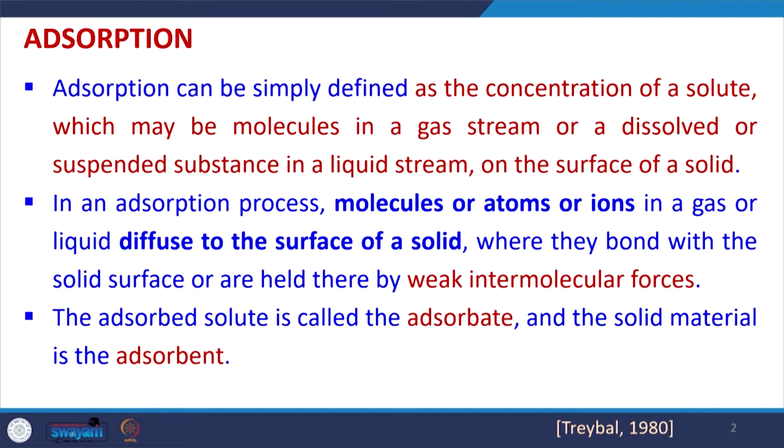Also it depends whether we have a gaseous stream or a liquid stream, how much separation has to be done, whether the solution is highly concentrated or highly dilute. So, depending upon various parameters we have a selection procedure for adsorbent, and then a whole system is designed which is used for doing this separation.